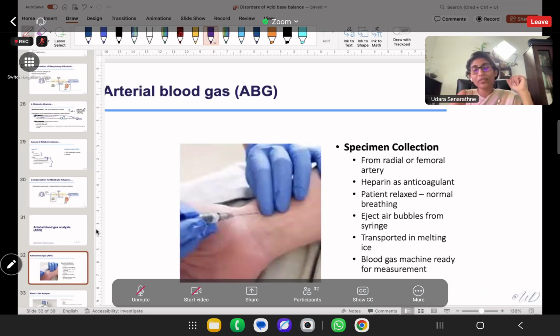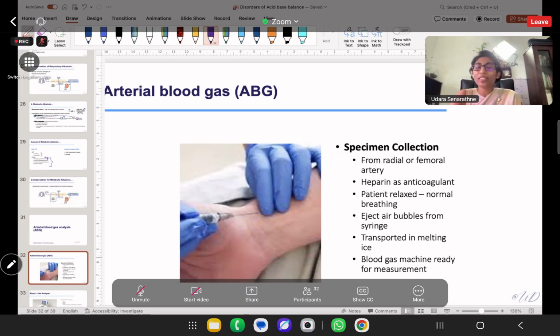Now, let's see how you interpret ABG. In arterial blood gas analysis, specimen collection is very important. Why? Because the specimen has to be brought to the lab with care so that the acid-base status is not changed after taking the blood out of the patient. So how do you maintain that?